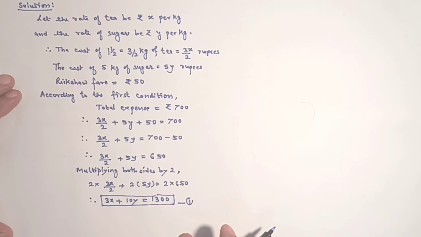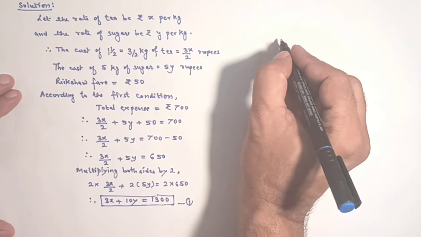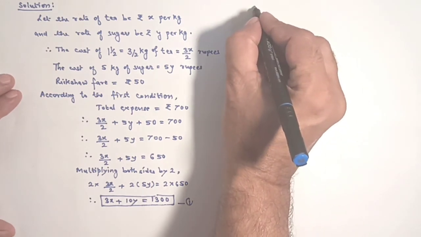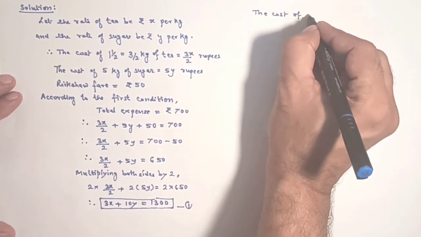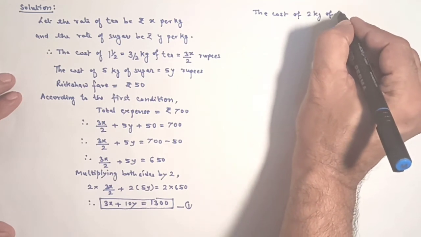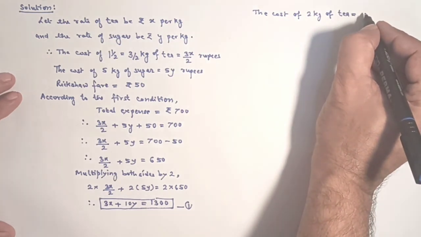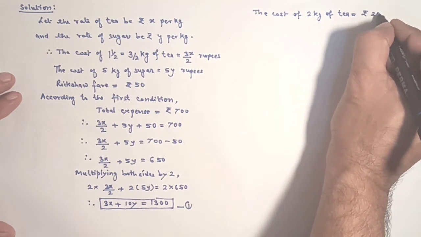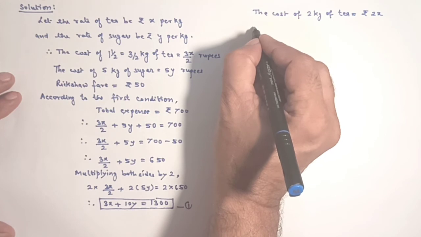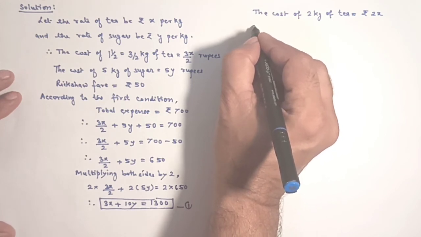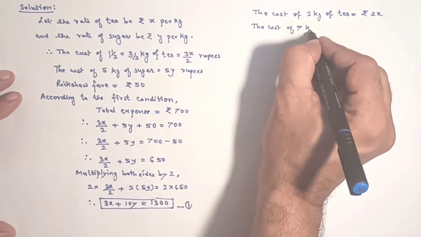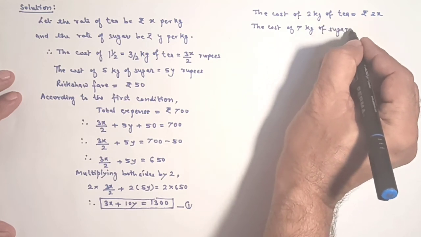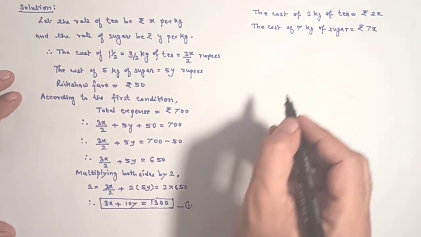So let's find out the cost of 2 kg of tea, which is rupees 2 into x, that is 2x, and then the cost of 7 kg of sugar, which is rupees 7y.